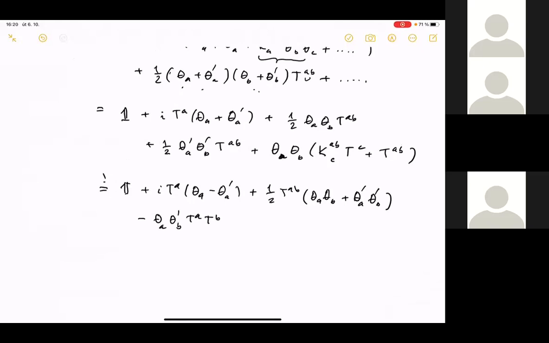So comparing these two expressions, we get an interesting relation. We see that these terms cancel each other, these terms cancel each other, the quadratic terms cancel each other, and we have the following operator relation. It should be primed when we compare this one and this one.